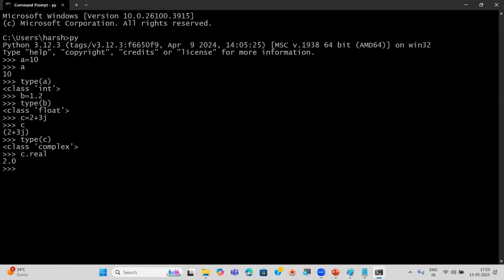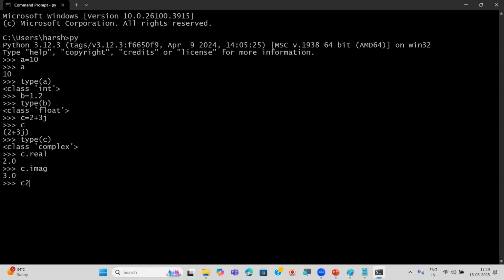Later we can also convert it to integer. Similarly, c.imag, the imaginary value, is one more attribute, and it gives 3.0. I already checked the type here.